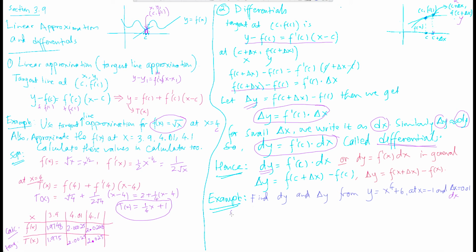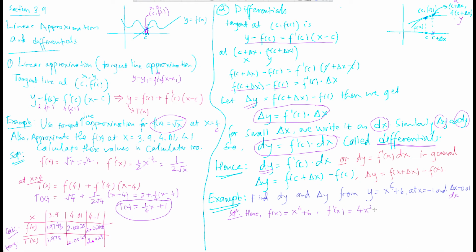So the solution is here. You have f of x equals x to the 4 plus 6, right? That's the given y or f of x. So what is f prime of x? Can you find the derivative of this? This is like 4x cubed, right?